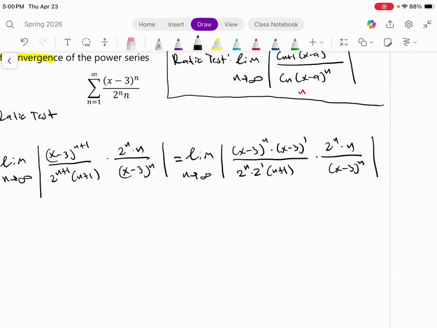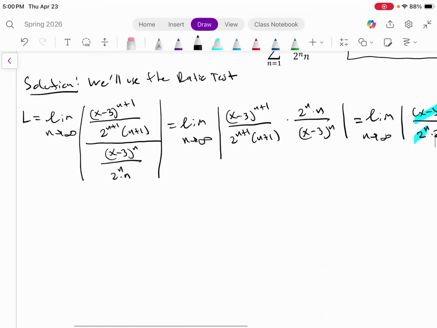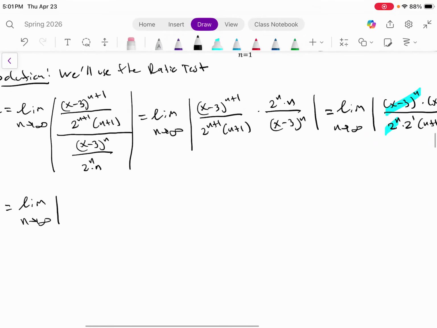So now that we separated out some exponents, a couple of things could be canceled out. So that works out quite well. 2^n gets canceled out. (x minus 3)^n gets canceled out. And what I'm left with is an absolute value of x minus 3 times n over n plus 1.